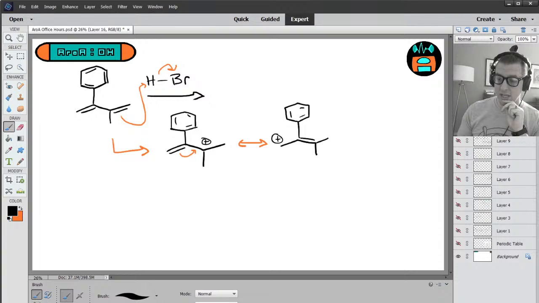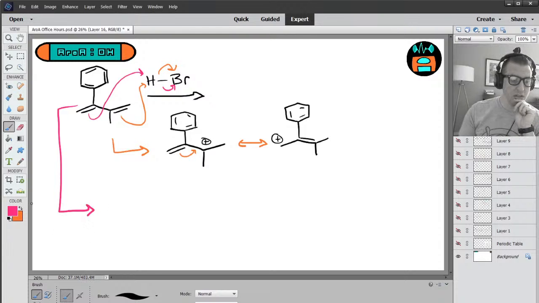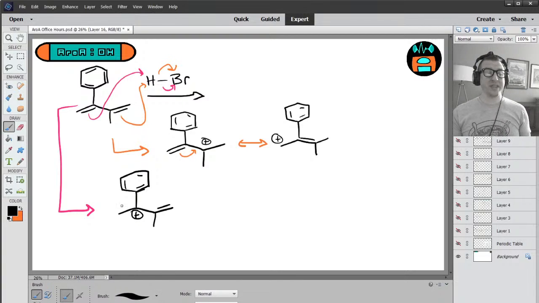If you look at what would happen if you protonated with this alkene, we still get a tertiary carbocation, but we get one with a lot more resonance structures.